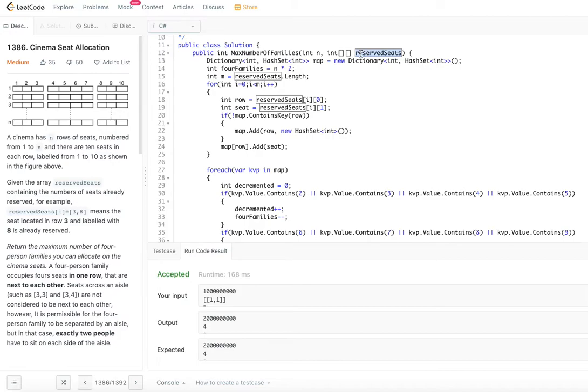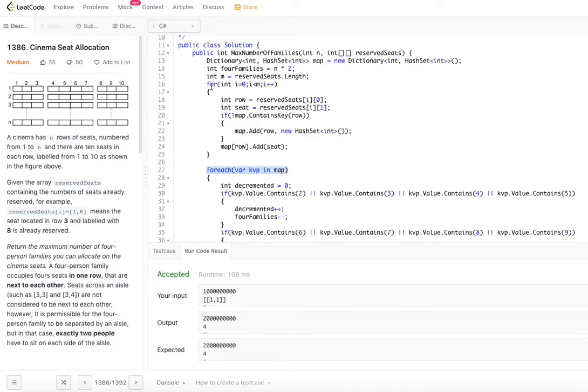Let's say there are m rows having reserved seats. So this goes through m reserved seats, and this other for loop goes through the m reserved rows. So these are reserved seats, and these are reserved rows.